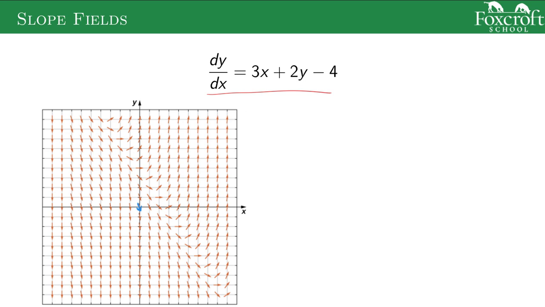I'm not exactly sure of the scale here, but for 1, 1 we got positive 1. That looks like it'd be about here, so the scale must be halves. So when I plug in 1, 1, I get that positive 1 slope, an arrow going up. For all of these values, I get an arrow pointing in the direction that my graph would have to go at that point to satisfy the slope of the tangent line.